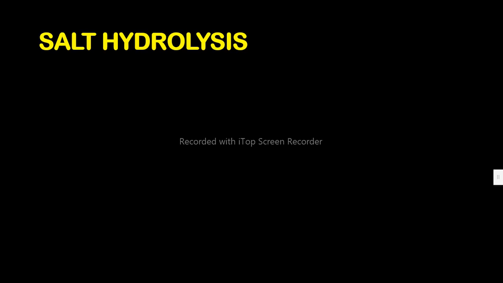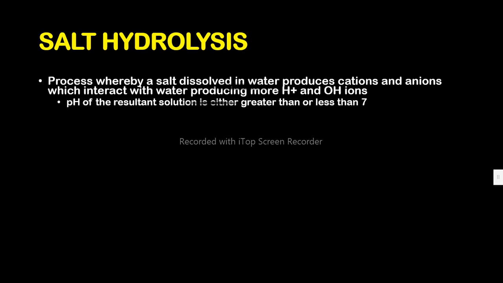So what is salt hydrolysis? Hydrolysis refers to any reaction where water participates as a reactant. Now in this case, water is a reactant. However, it's still a solvent, so it is still in large excess.